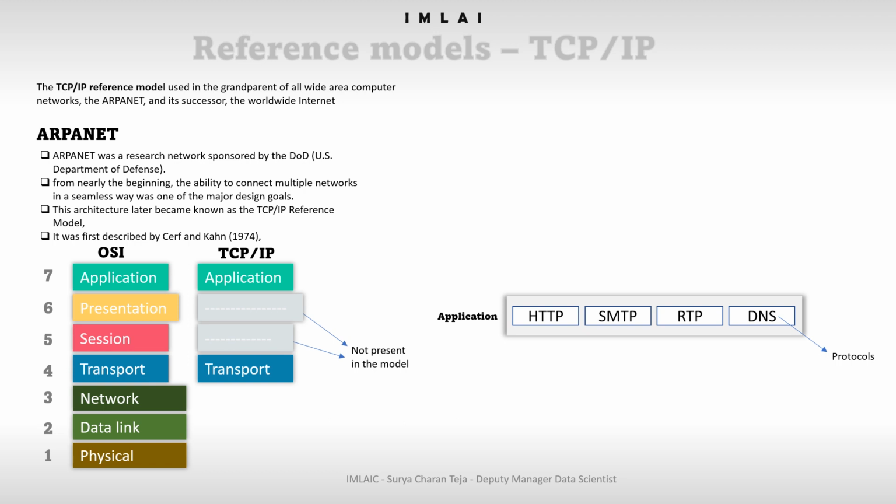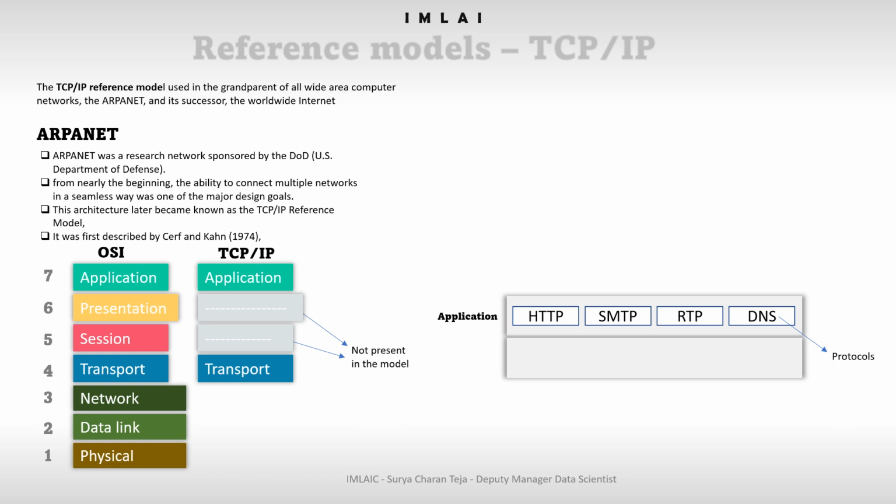The layer above the internet layer in the TCP/IP model is usually called the transport layer. It is designed to allow peer entities on the source and destination hosts to carry on a conversation, just as in the OSI transport layer.